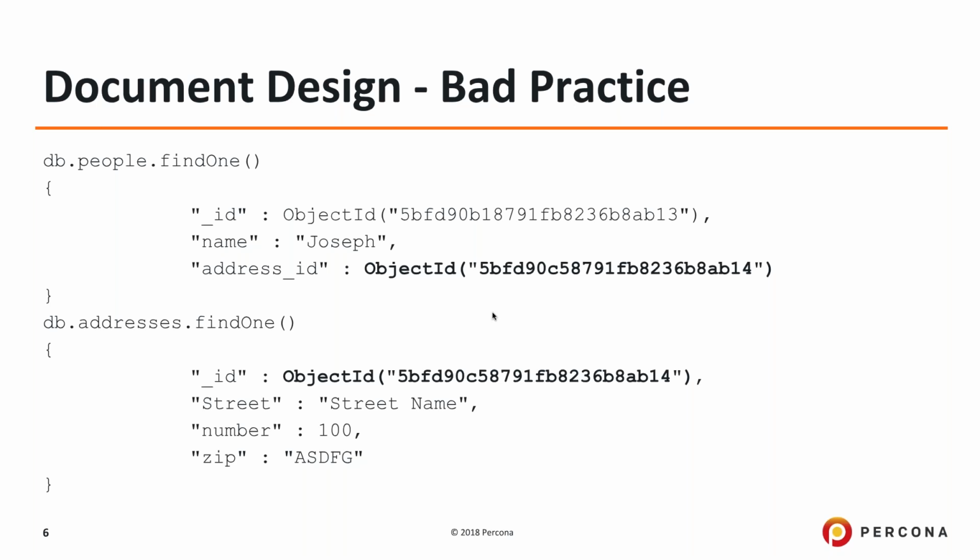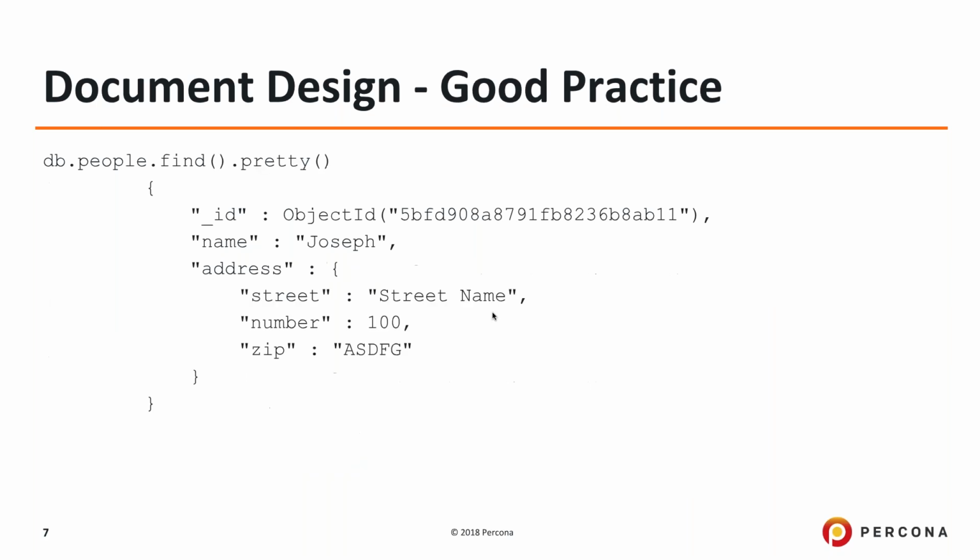So here's a bad example. Going through it again, it's got the object ID of the address document on the bottom. The first document, the people document, has a link to the addresses document. How you would typically do this in Mongo is more like this, where you would embed the address document, because Mongo can actually support nested documents.